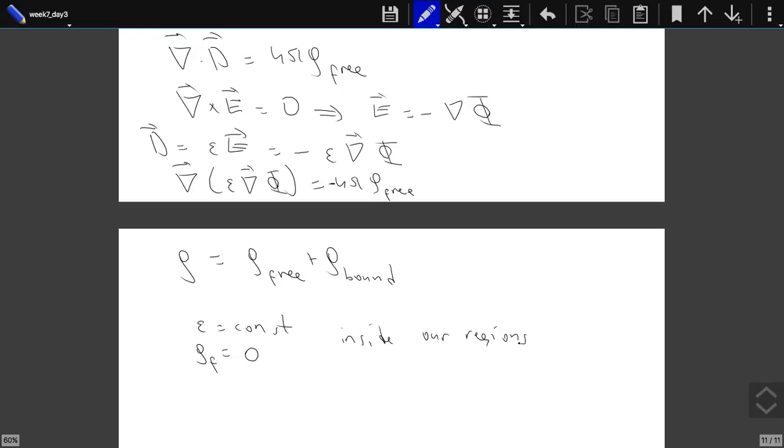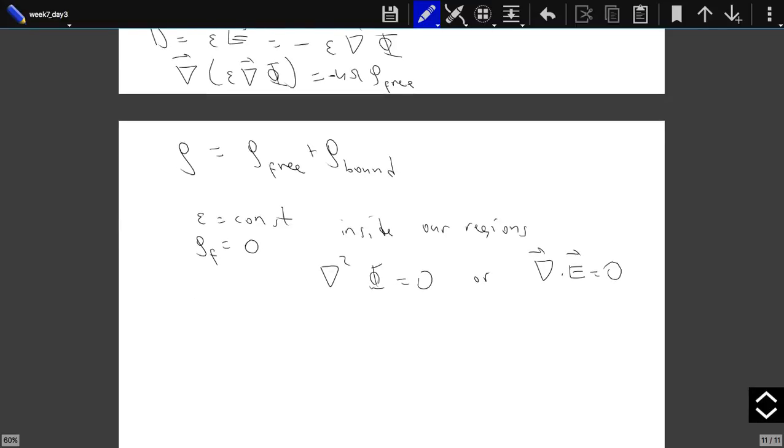If this is satisfied, then the Laplacian of phi is equal to 0, or divergence of E is equal to 0. Again, I repeat, this is true inside our regions, not on the boundary. But this tells me that rho is equal to 0. Since rho free is 0, rho is also 0, so rho bound is 0.